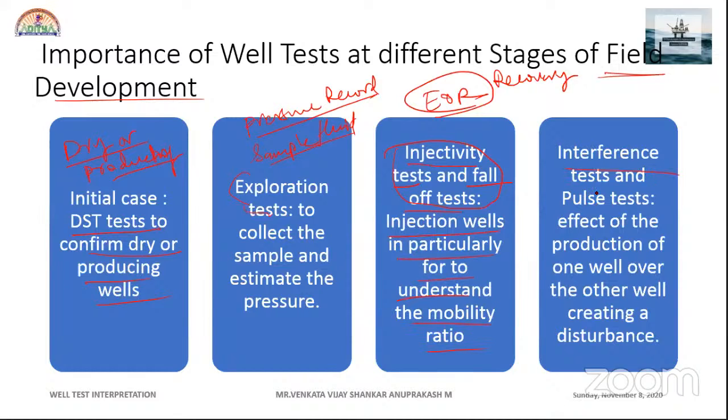Next is the interference test. As you develop more and more wells, the number of wells added into the reservoir increases. So we need to check the influence of one well, the impact of a change in flow rate, on the other well.